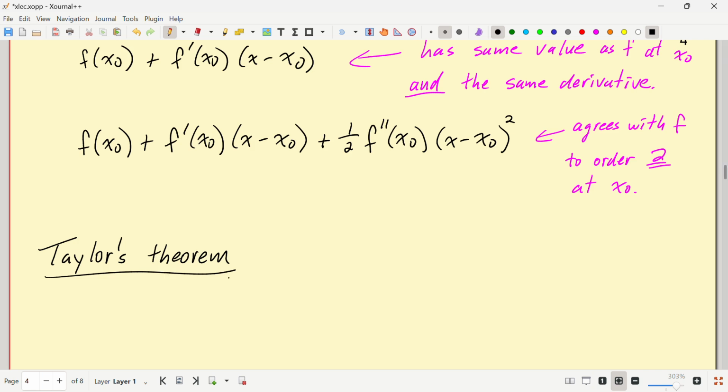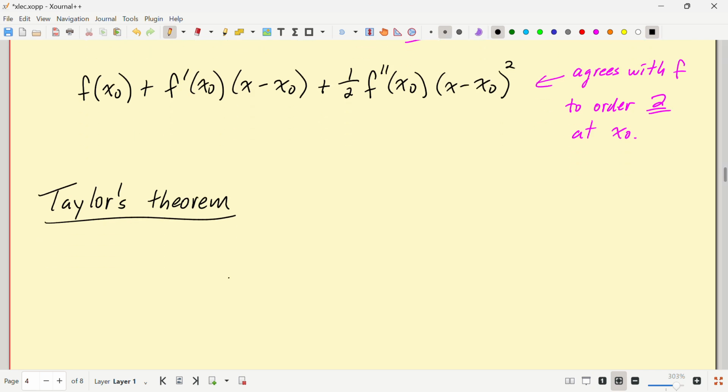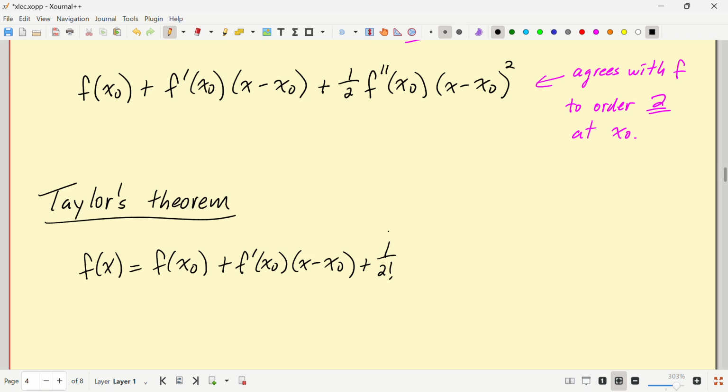Okay, so we want to get Taylor's theorem. It is that f(x) equals f(x naught) plus the first order term, plus 1 over 2 factorial f double prime of x naught times (x minus x naught) squared, plus dot dot dot.